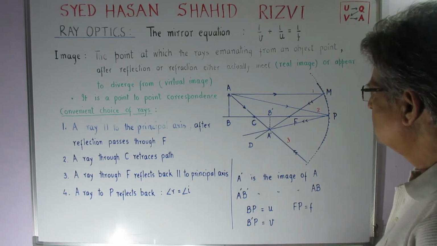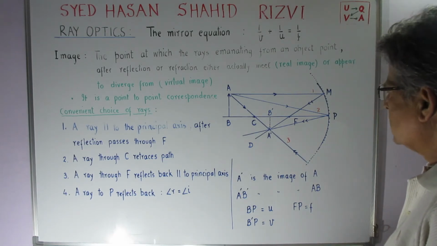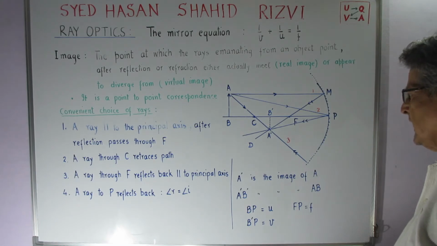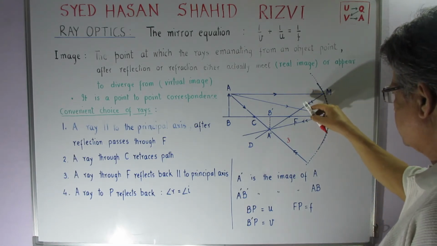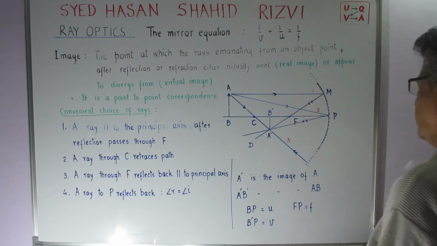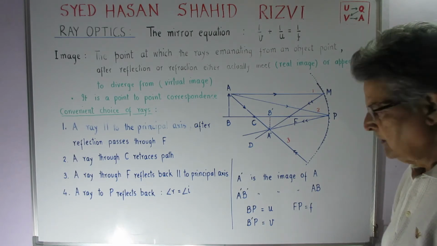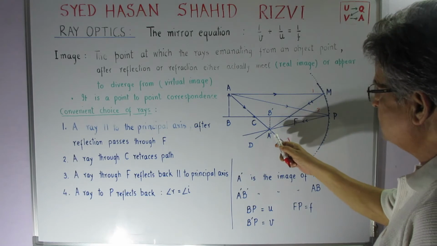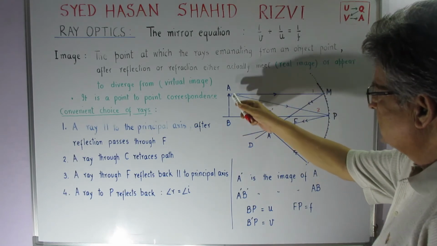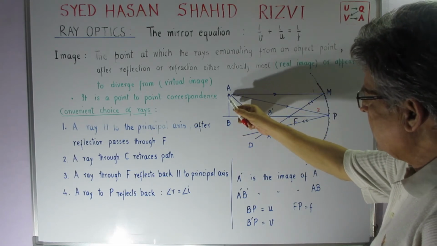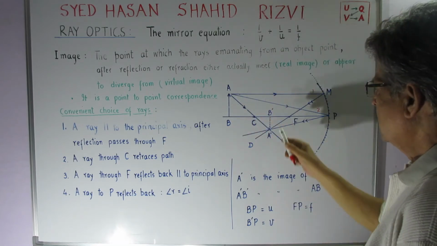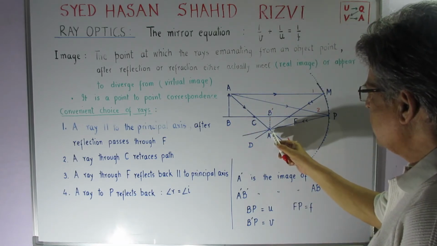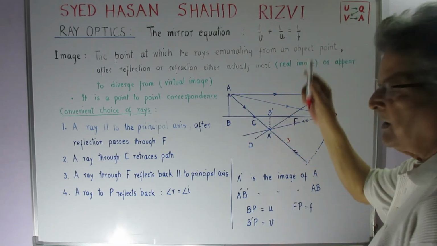We can draw other diagrams where I can show that if the object is kept over here, then the image will be a virtual image. So in this case we have the actual image for the points starting from A to B, and the image is A prime to B prime.